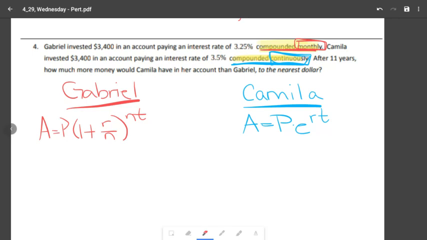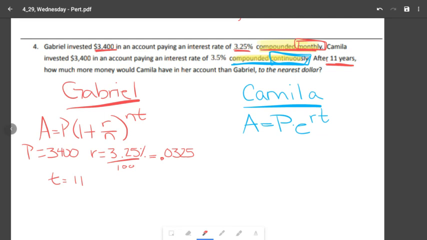So we'll do Gabriel. He's investing $3,400, so that is his P. His rate is 3.25%. Divide by 100, we get 0.0325. And it's after 11 years, so T is 11.